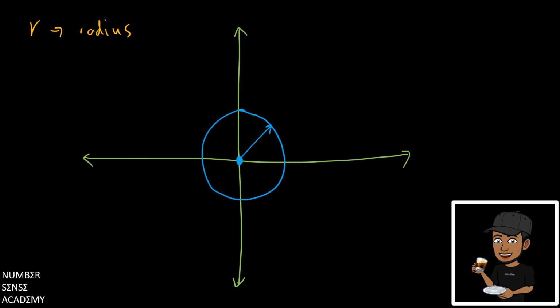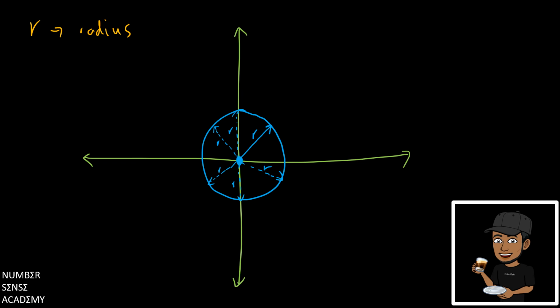The radius is the same regardless of where you end up on the circle, as long as you start from the middle. The radius is all r. It's the same value. It's the same r.